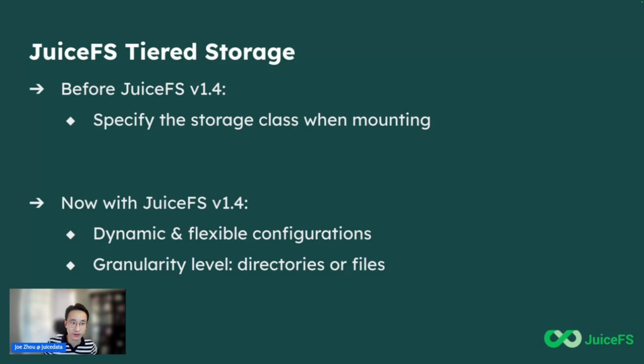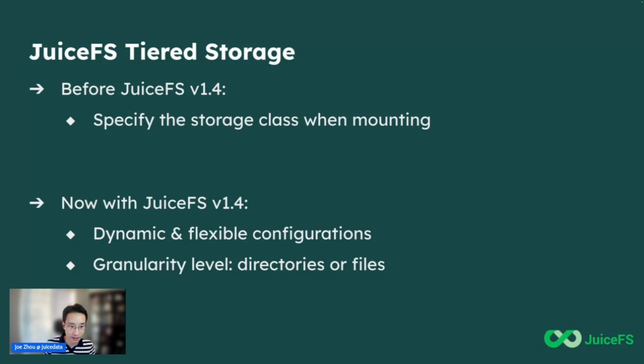Before JuiceFS 1.4, we had something similar, but it required you to specify the storage class when you mounted the JuiceFS volume. It was a feature we had before, but the granularity was not good enough. You needed to predetermine that the entire file system, the mount point, was of a specific storage class.